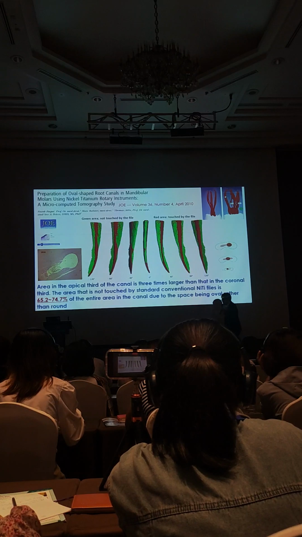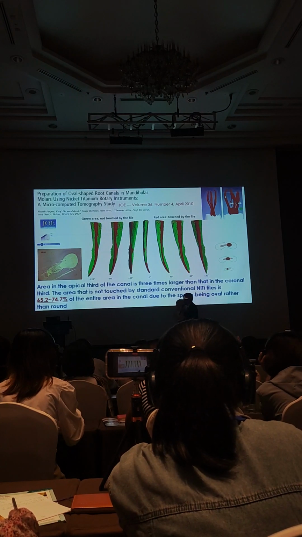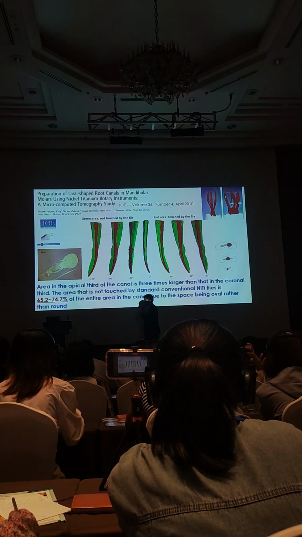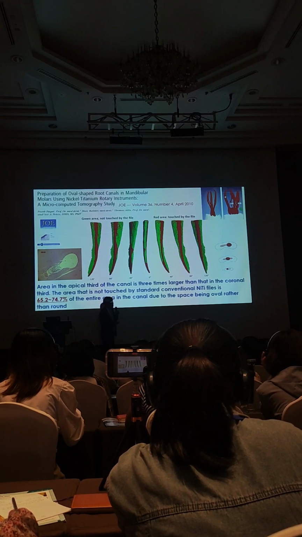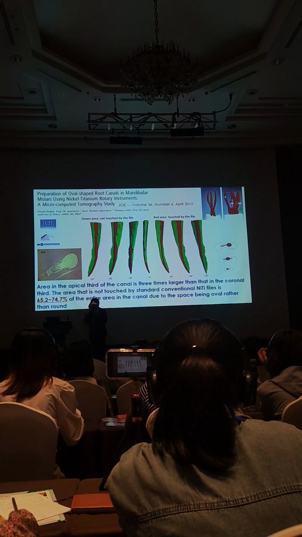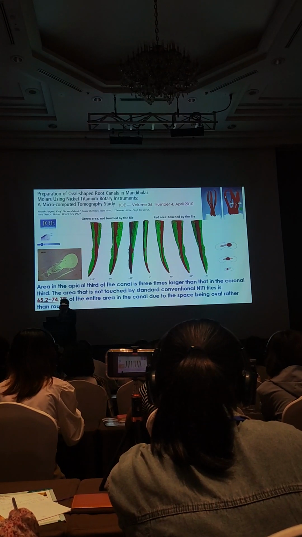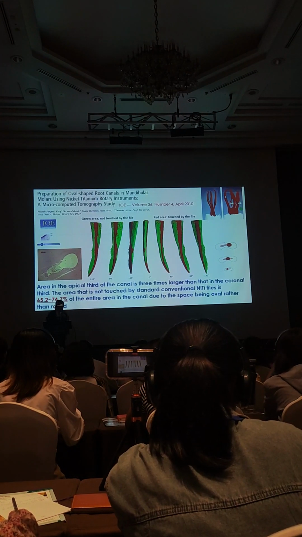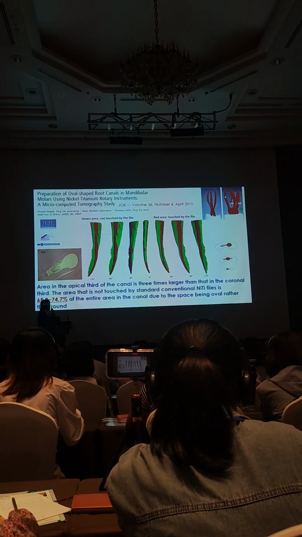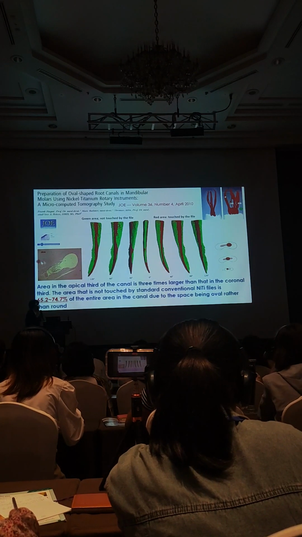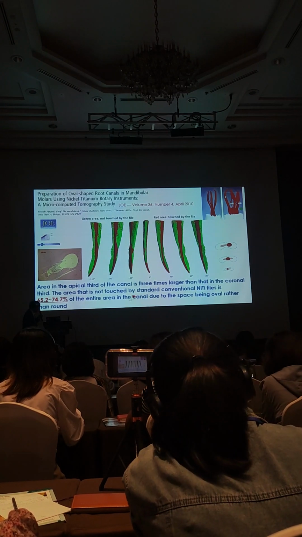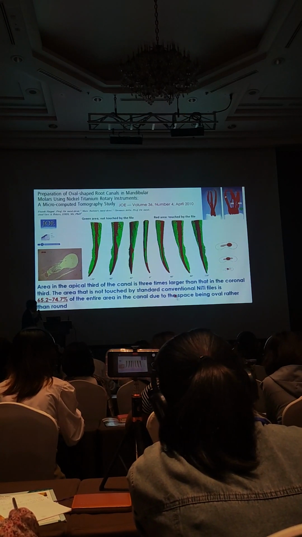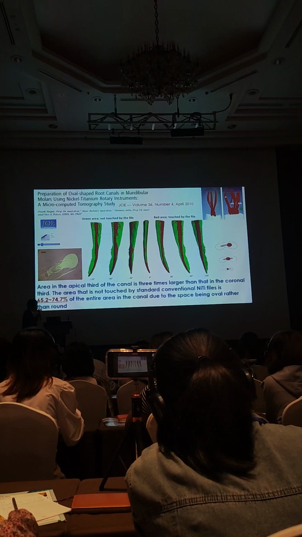You need good irrigation and good instrumentation in the apical 1/3 because you do have bacteria there. Very, very important. 3 times more in the apical 1/3 than the coronal 1/3. And almost 70% of the entire root canal in the apical root canal is due to the space being oval rather than round.